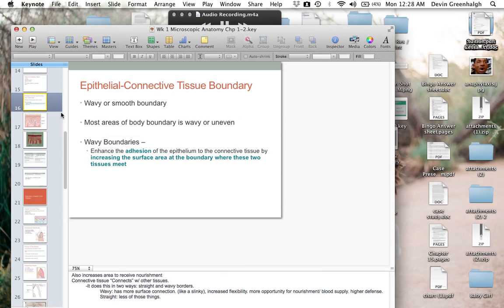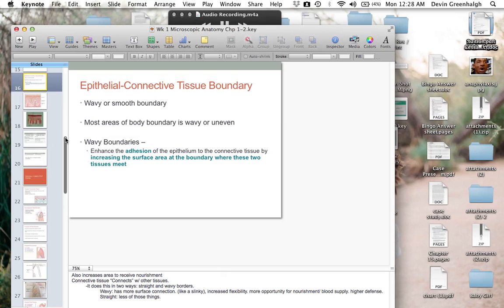That's important to remember. Okay, so how do epithelial and connective tissues meet? Well, they can meet in a wavy way or in a smooth way. Most areas in which they meet are wavy, and this is good because wavy boundaries enhance adhesion by increasing the surface area.